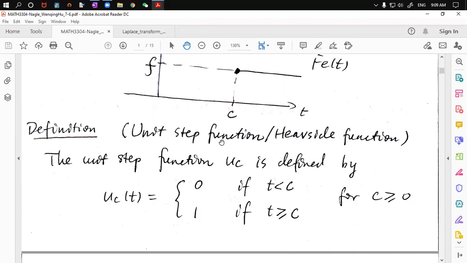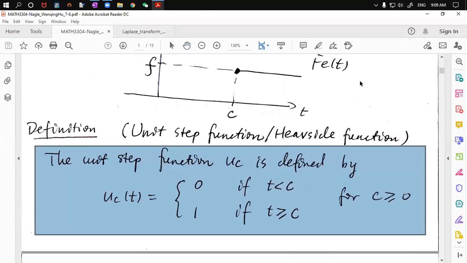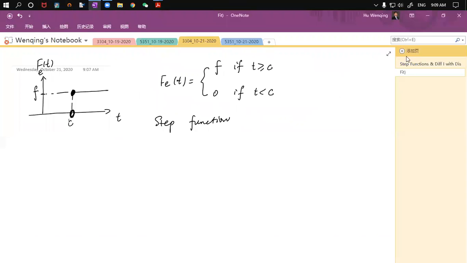So what is a unit step function? Let me take this definition. This is the definition of the unit step function. Okay, so let me put it here.